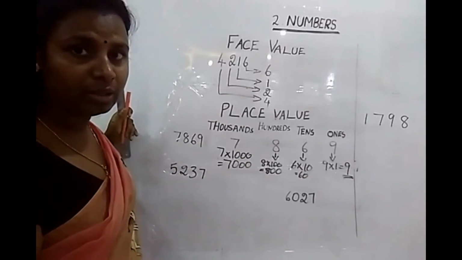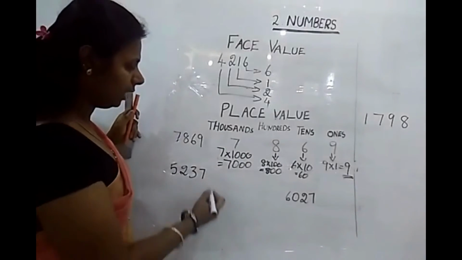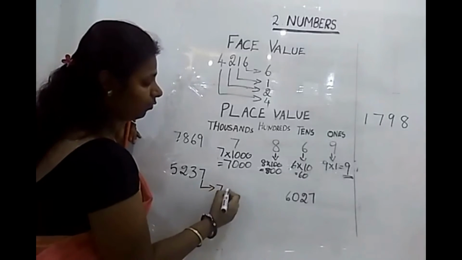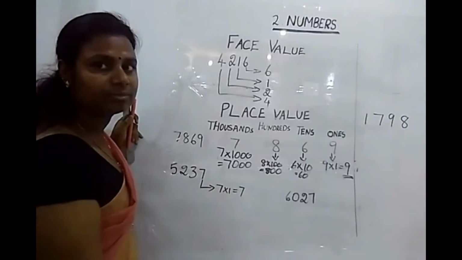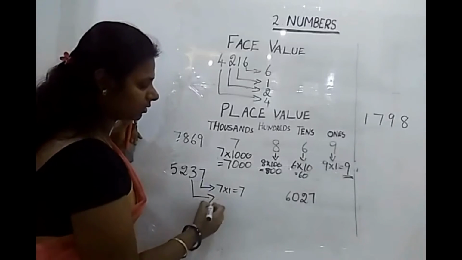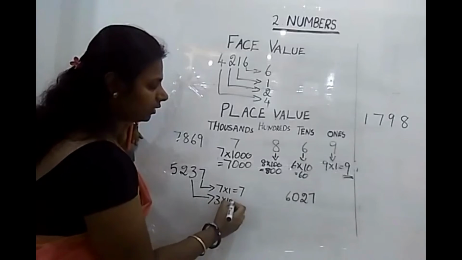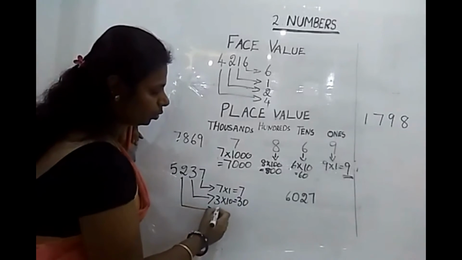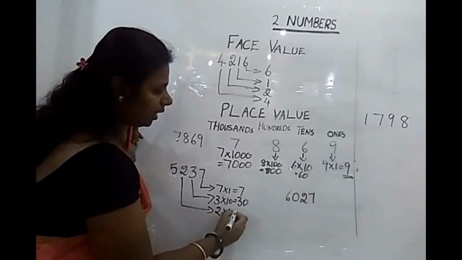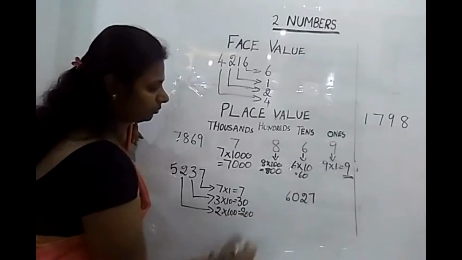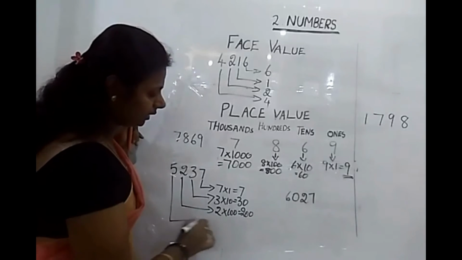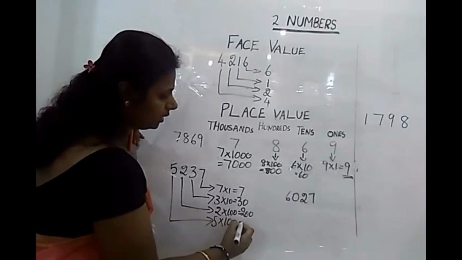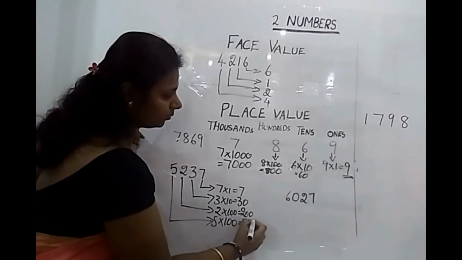Have you understood now? Shall we take one more number? Now, here see 7. 7 is in ones place. So, 7 ones are 7. Here 3 is in tens place. 3 tens are 30. 2 is in hundreds place. So, 2 hundreds are 200. 5 is in thousands place. 5 multiplied by 1000 is equal to 5,000.